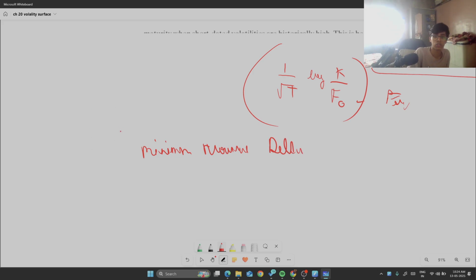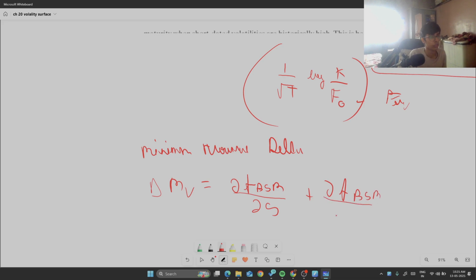So another benchmark to see the volatility is the minimum variance delta, and its formula is MV, the partial derivative of Black-Scholes with respect to stock price, plus the partial derivative of Black-Scholes with respect to implied volatility, and the expectation of implied volatility with respect to stock price.